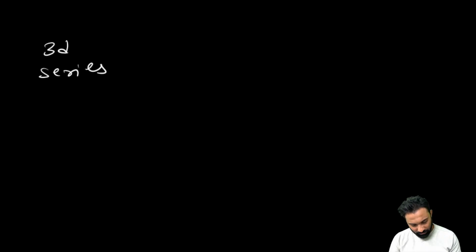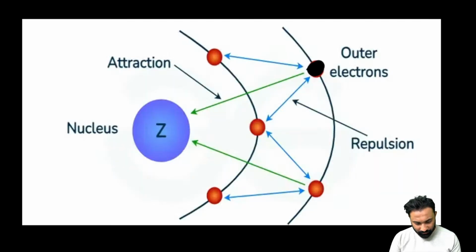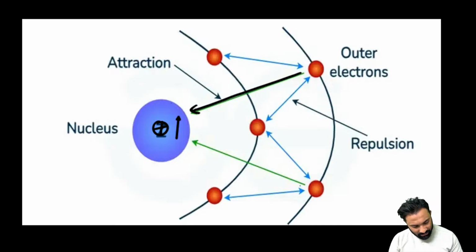Okay. Now why do we have the variation in the size? Because if the nuclear charge increases, the valency electrons want to be attracted towards the nucleus. Why?